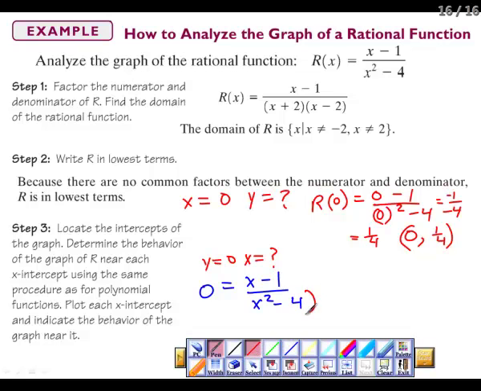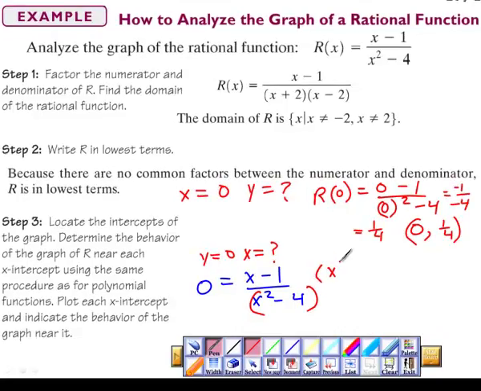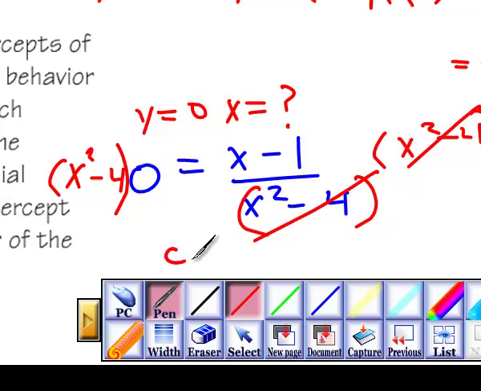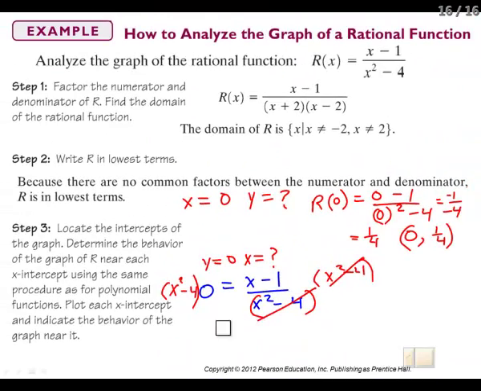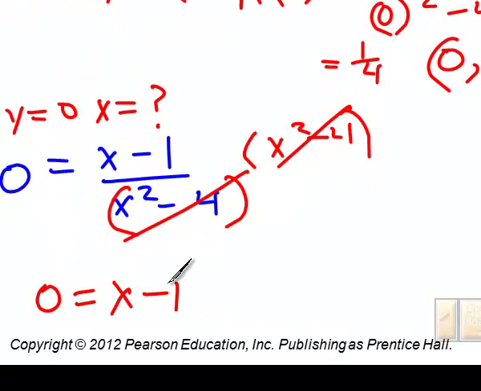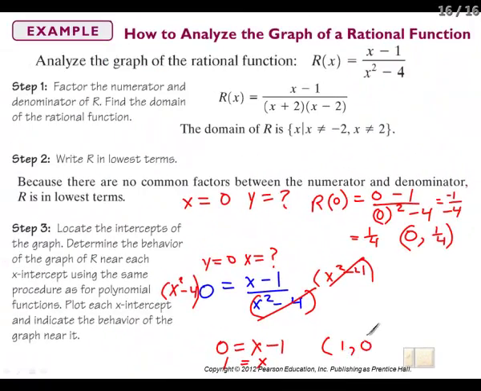If we multiply the denominator out to both sides, 0 times anything is still just 0, so this is 0 equals x minus 1. Technically, all you really have to do is take the numerator, set it equal to 0, and we get x equals 1. So our x-intercept is at (1, 0).